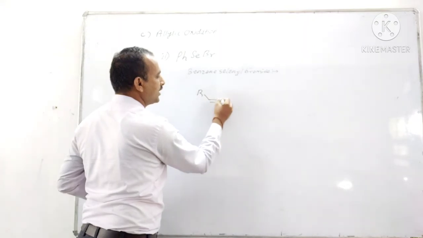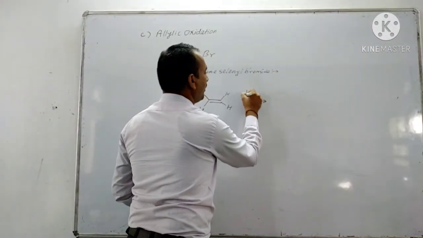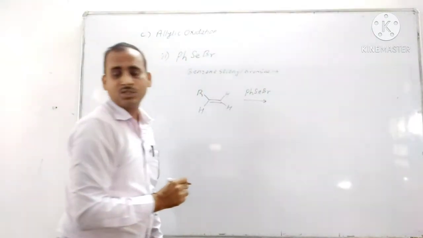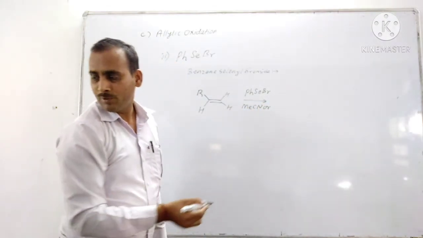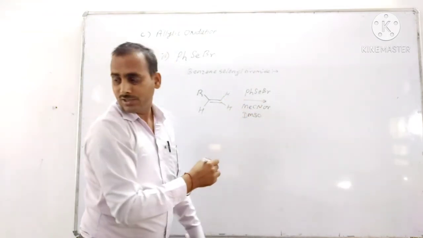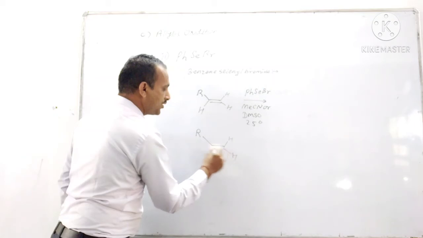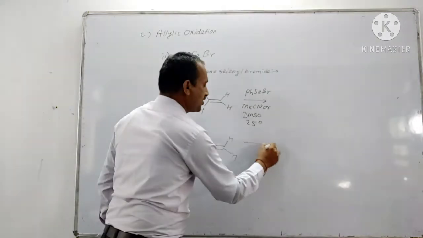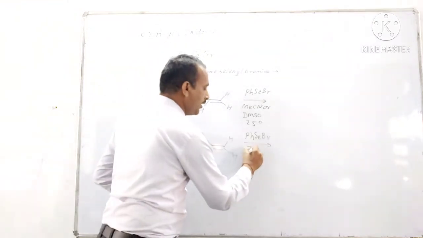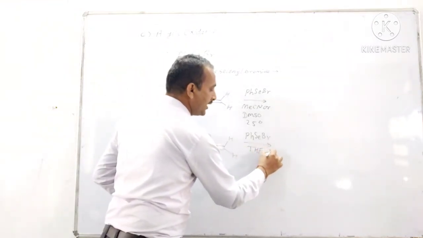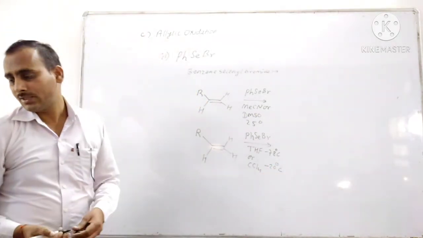If there is RCH=CH2, such a type of alkene is present, then PhSeBr in presence of methyl cyanide, acetonitrile, or DMSO, dimethyl sulfoxide, at 25 degrees Celsius, and same reactions are with PhSeBr in presence of solvent THF at minus 78 degrees Celsius, or other solvent CCl4 at minus 20 degree Celsius.